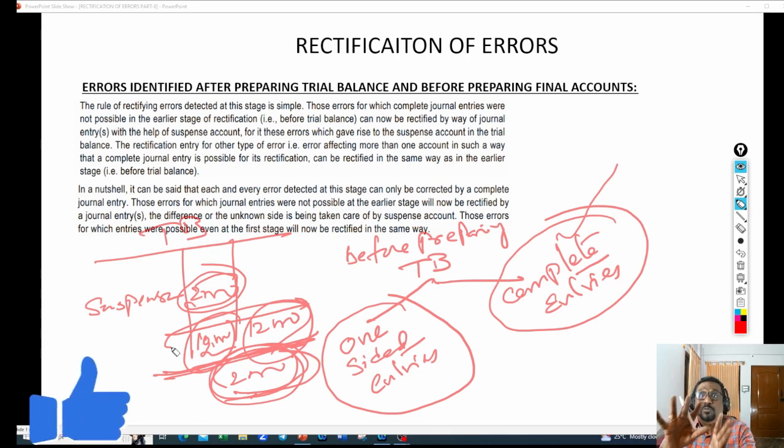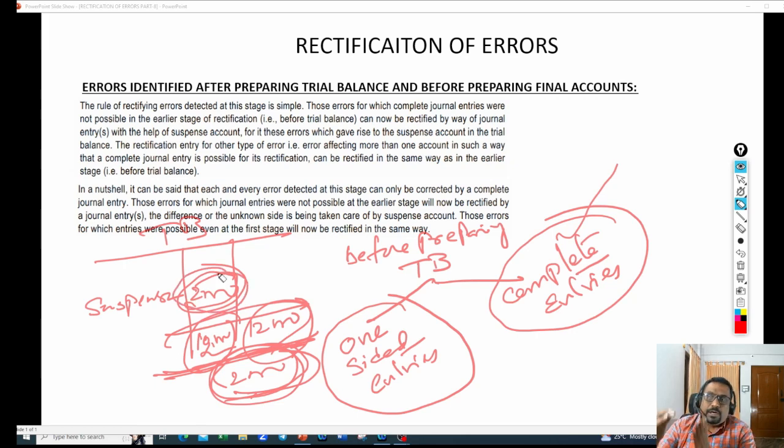If you cannot wait for the difference to be resolved, for time being, you can post the difference to suspense account and you can proceed further by preparing your P&L account and balance sheet.